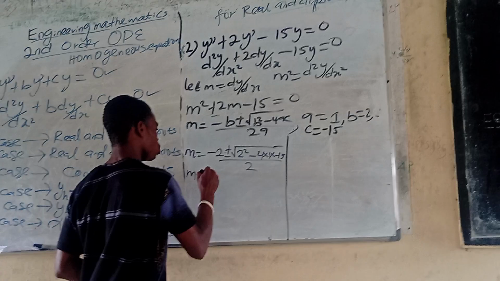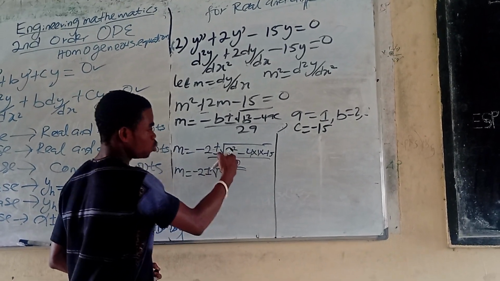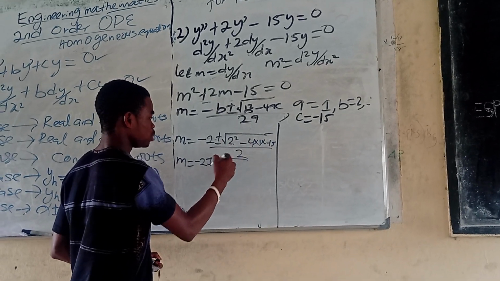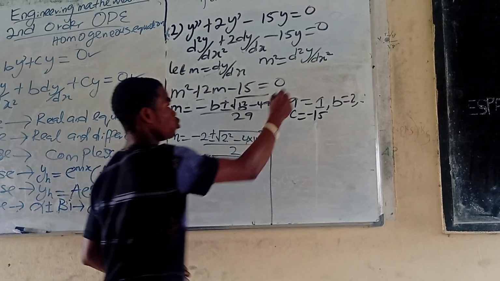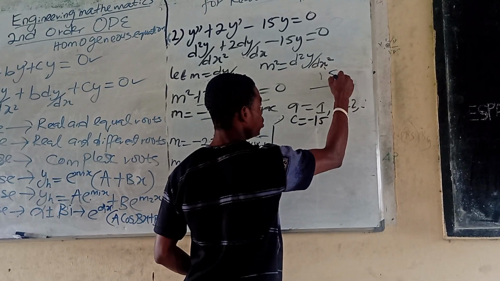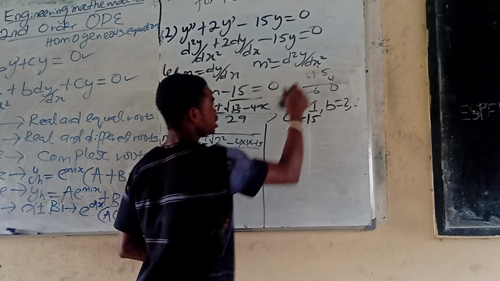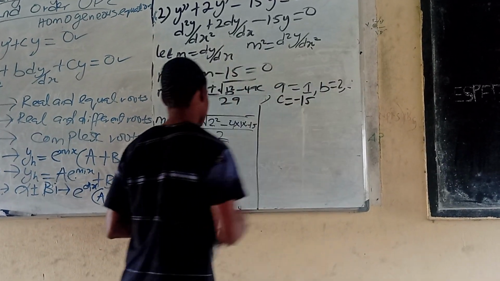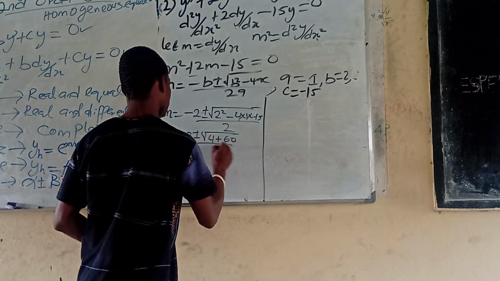So m equals minus 2 plus or minus the square root of 2 squared is 4, right? This is minus, minus times minus is plus. So 4 plus 15 times 4. What do we get? 15 times 4 is 60. So we get here 4 plus 60, divided by 2.